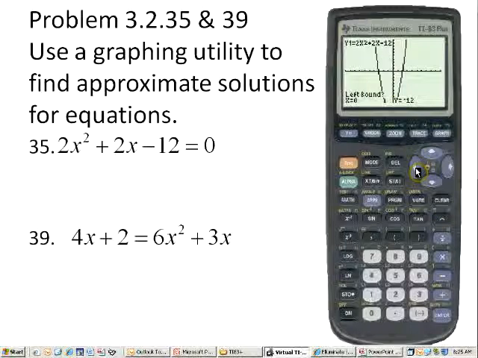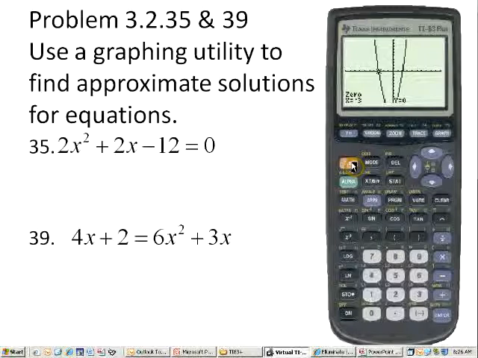I'm going to scroll to the left and get my cursor to the left of that intercept. I'll hit enter. Then it asks for a right bound, so I'll go to the right of it. I can hit enter. Then it asks for a guess, so we'll just get close, and we'll hit enter yet again. And our calculator tells us that one of our answers is -3.